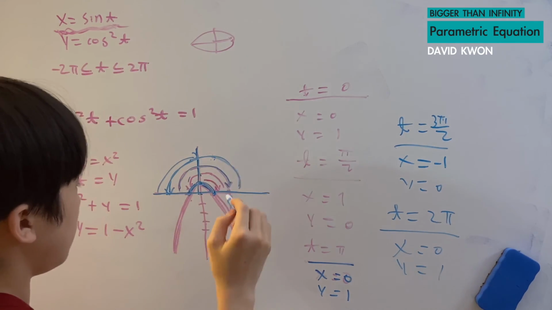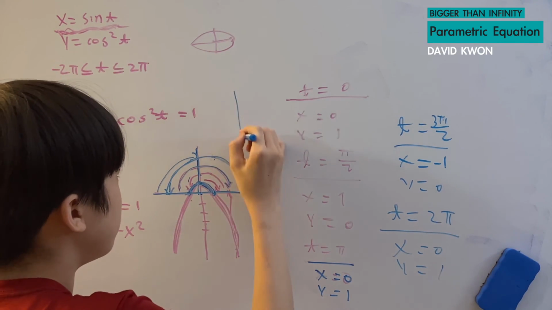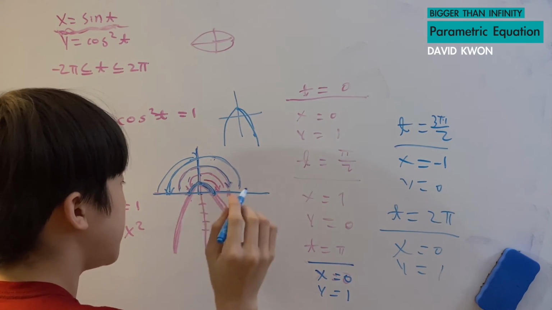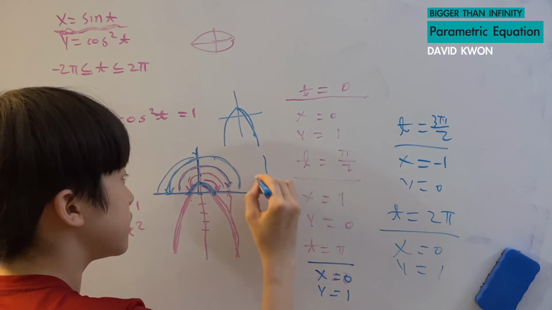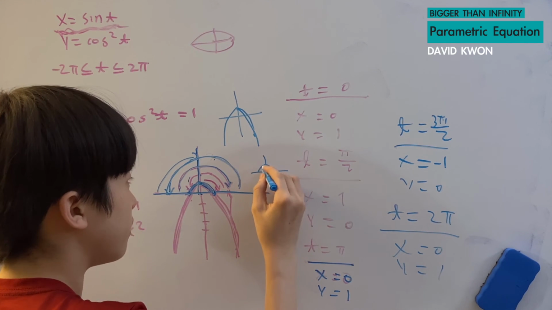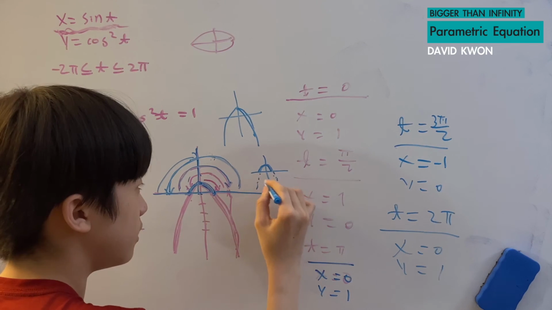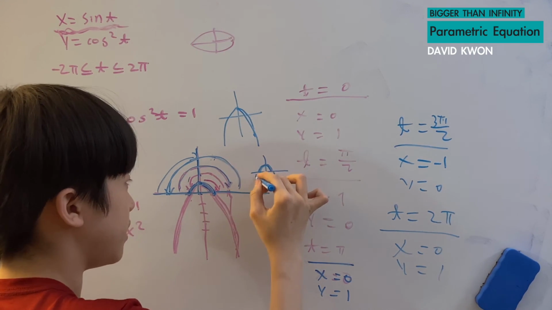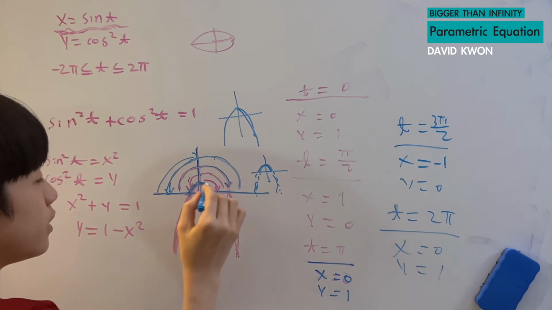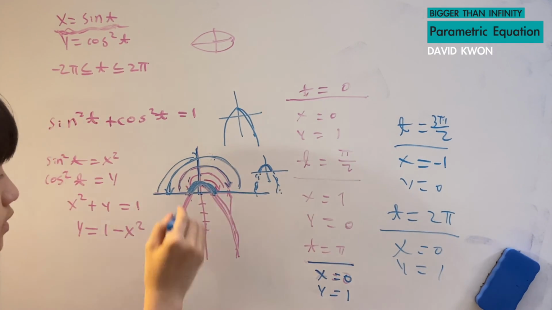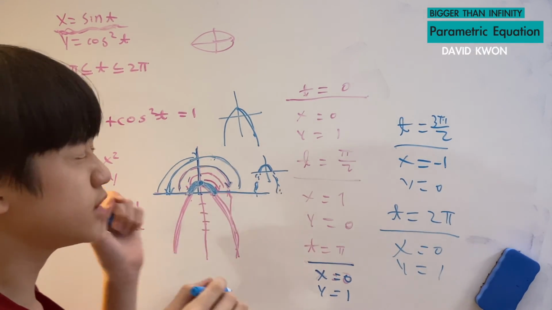This interval. So from the graph, we can say that the answer is only this part. This dotted line is supposed to be the whole graph of this, but it's gone because of the interval. It only moves through this motion, back and forth, and then it stops in the center, when x is equal to 0, y is equal to 1.